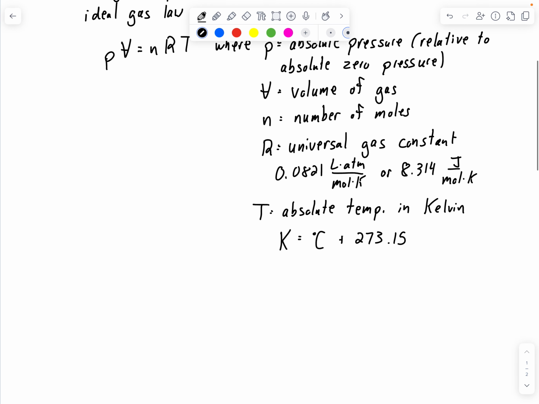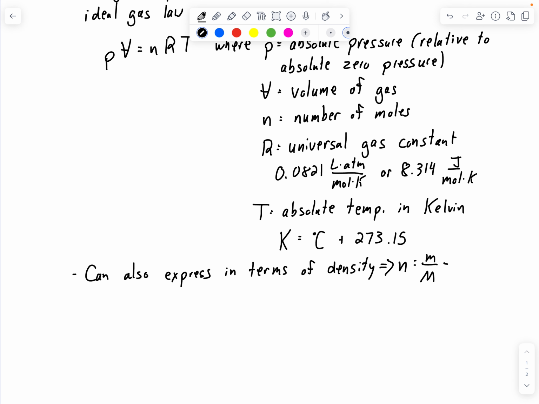We can also express this in terms of density, and we'll do that probably more often here in fluid mechanics. Here we say n is equal to m over capital M, where this is the mass of the gas divided by the molar mass.